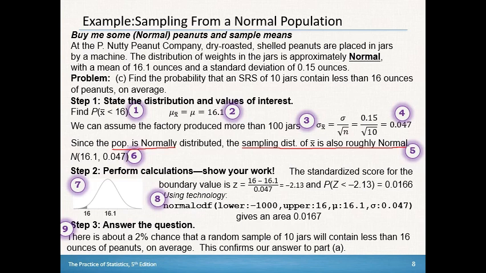And so finally, step 3, answer that question. Now I've numbered all of these so you can kind of see 1 through 9 how many different components are required for these 3-step problems when we're dealing with a sampling distribution of X bar. So an open-ended question like this on the test would have a similar requirement. You would really need to have all 9 components. An open-ended test question like this would be worth 9 points.